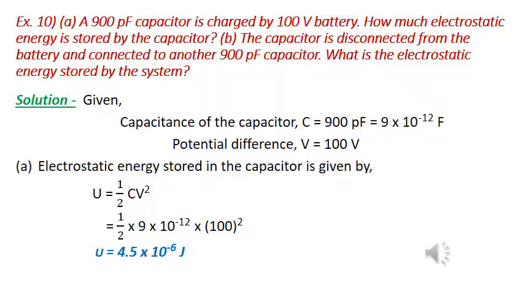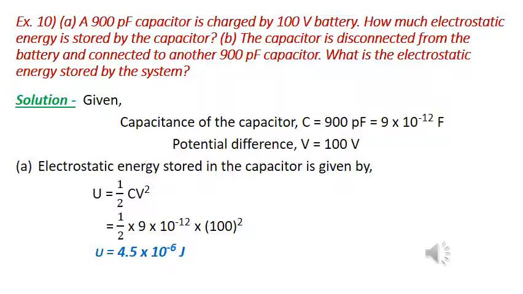Here in this question, there are two parts. In first part, it is asking for electrostatic energy stored by the capacitor having capacity 900 picofarad and is charged by 100 volt battery.